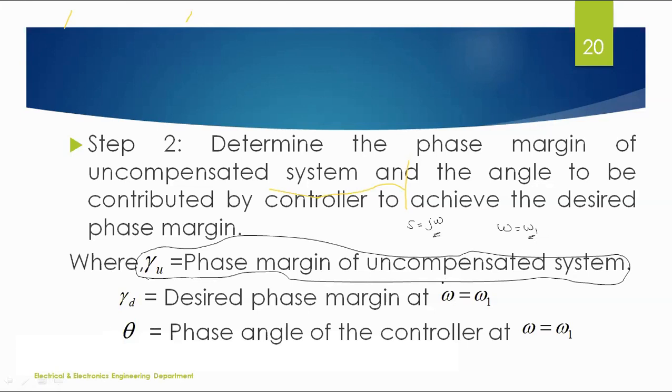Now I'm going to find the desired phase margin, sorry, that is given, and it is nothing but our desired phase margin. Then I'm going to calculate theta, the phase angle of the controller at omega equal to omega 1. Then how to find out theta? So we have a formula.